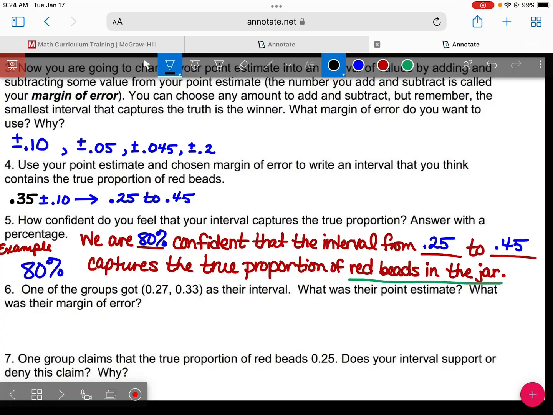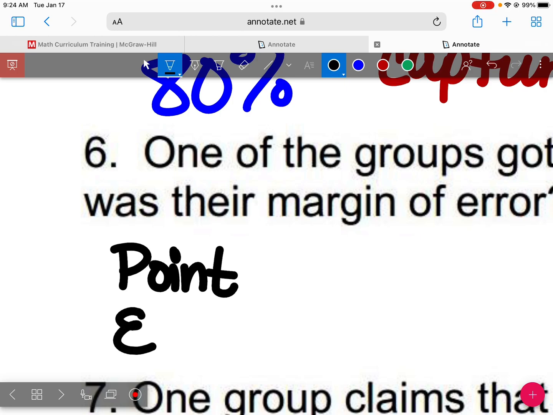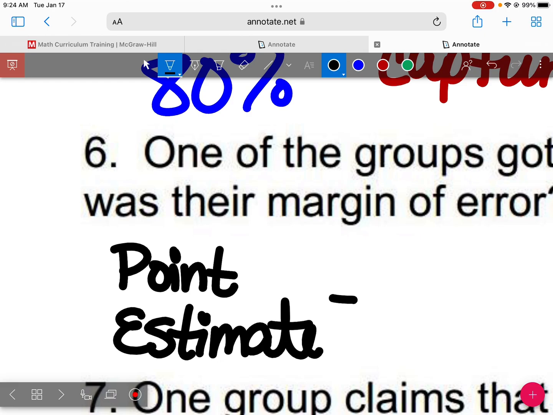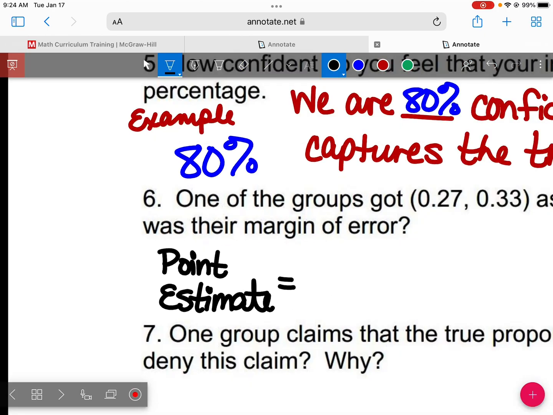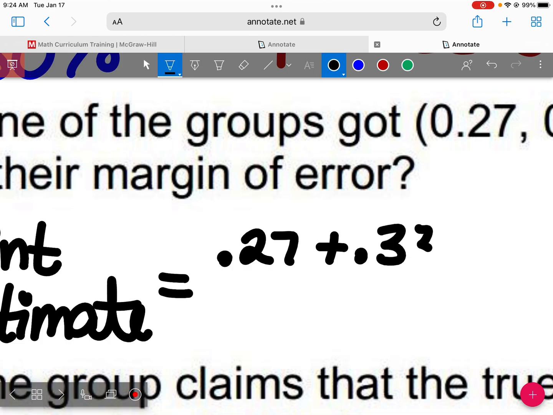So for the point estimate, we're going to add those two and divide by 2. We're going to average those because remember, we're adding and subtracting the same thing to both sides. So I want to find what's in the exact middle here. 0.27 plus 0.33, we're going to cut that in half.